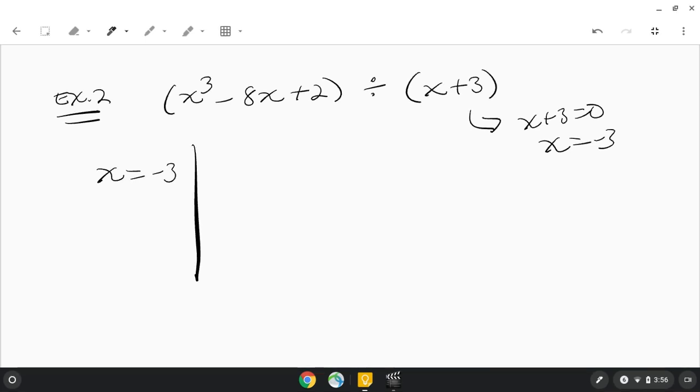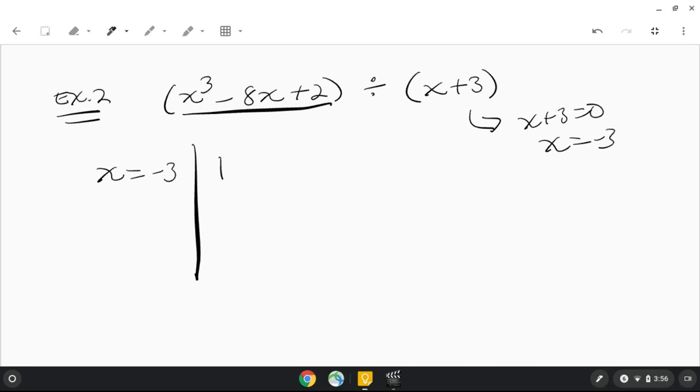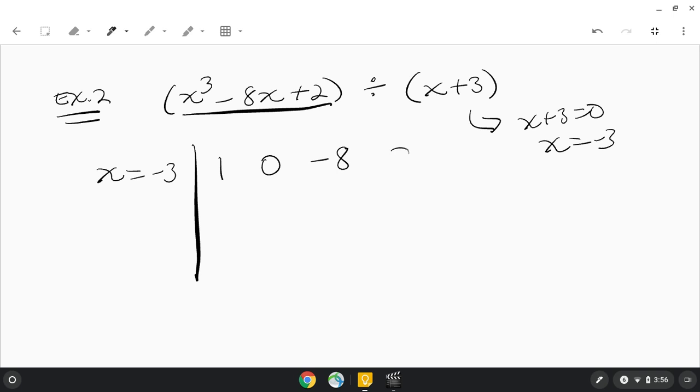And then we'll put the coefficients of this polynomial over here and use 0 for any missing terms. So it's in descending order, so we're good. We're going to have 1. We're missing x squared, so let's go ahead and put a 0. And then negative 8, and then positive 2. Those are just the coefficients of this polynomial. All right, leave some space and draw a line.